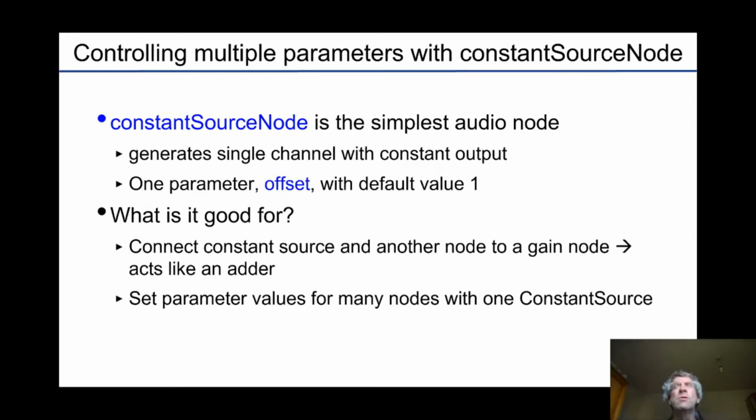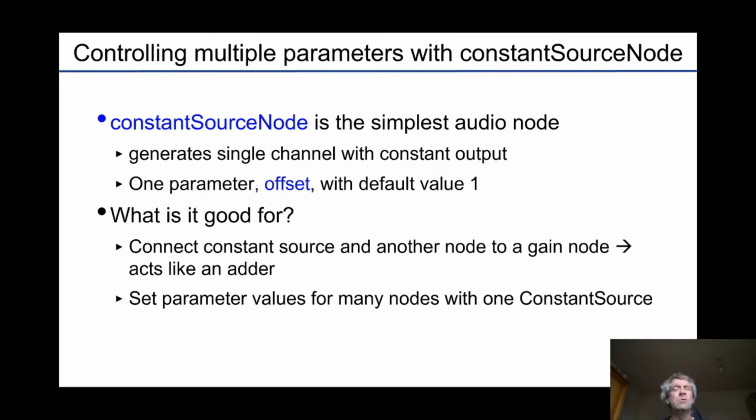Or have a constant source affect stereo panning and gain at the same time. So for instance, whenever a sound comes in that's very loud, it moves over to the left. Maybe you're doing some fancy creative spatial audio there. So that idea of controlling multiple parameters is one of the beneficial uses of the constant source node.